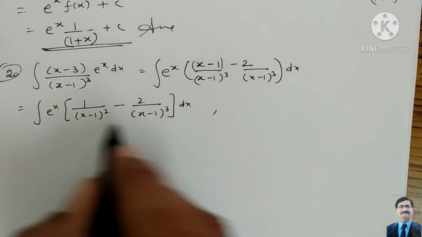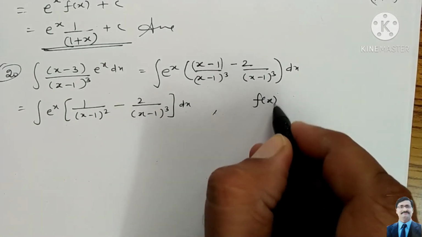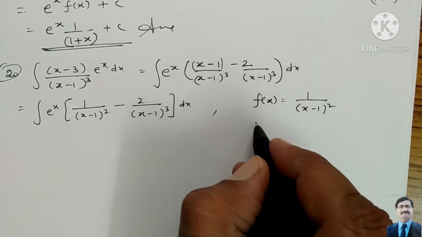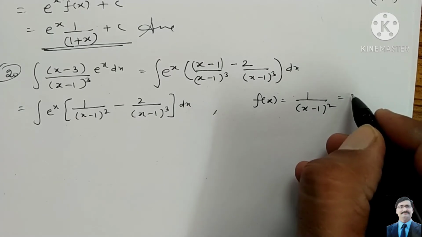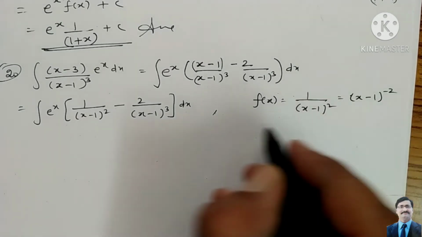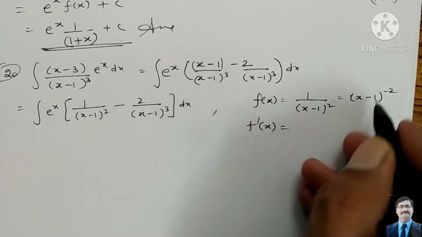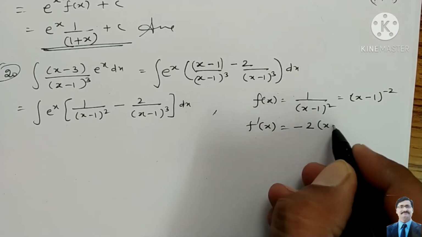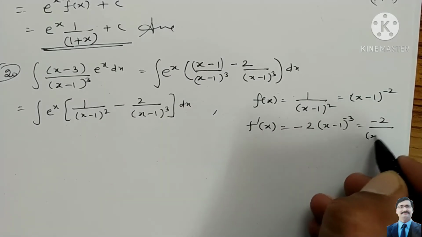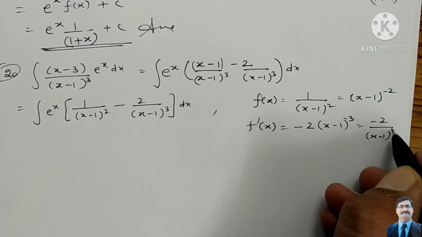Here we check f(x), this will be f(x). So f(x) we write as 1/(x - 1)^2. In this format we can write (x - 1)^(-2). So f'(x) we have -2(x - 1)^(-3), so we can write this as -2/(x - 1)^3.